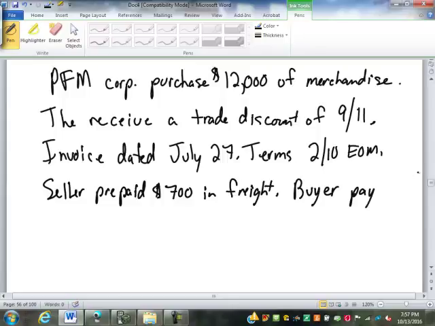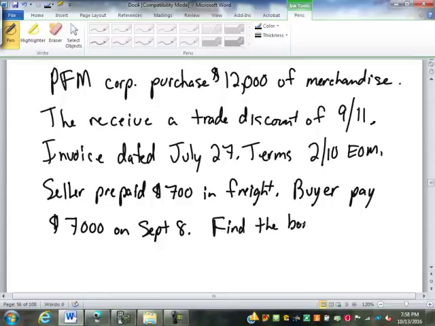The buyer pays $7,000 on September 8th. Find the balance.